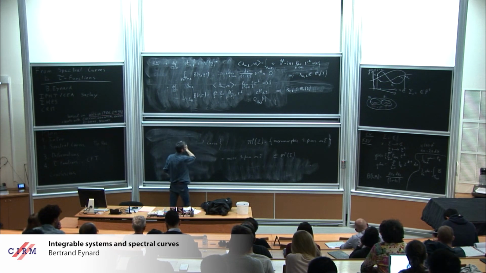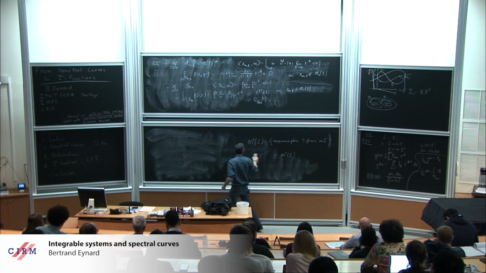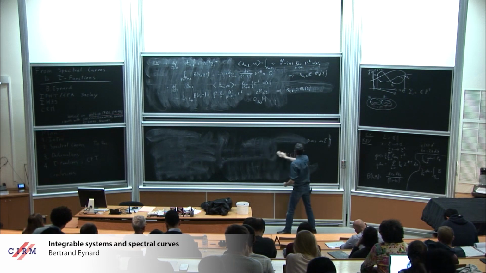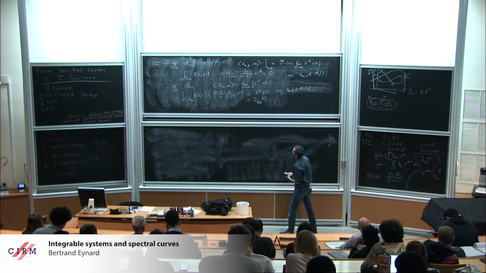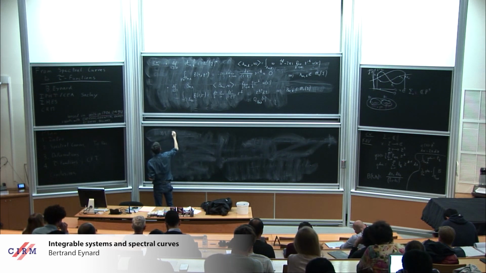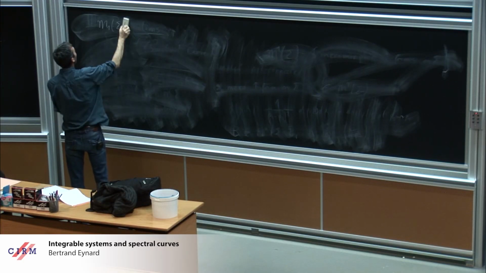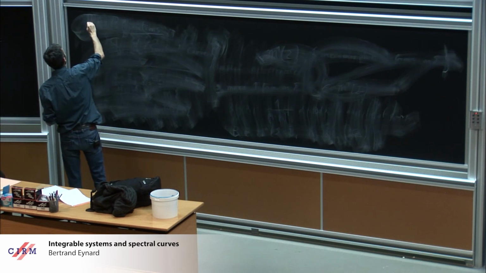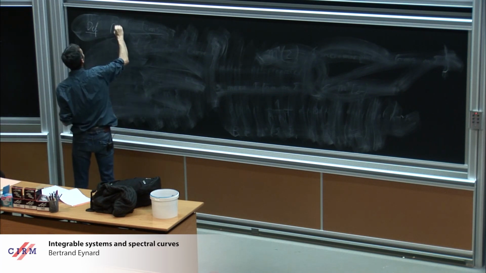So what we have defined now are some generalized cycles, M1 of sigma. Let me define the intersection.